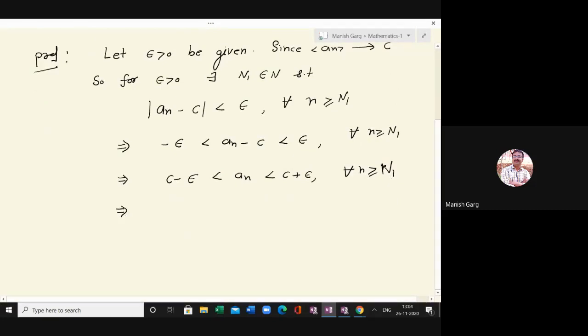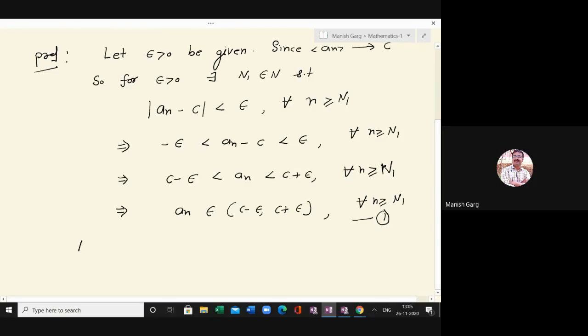Or in terms of intervals, an lies in (c minus epsilon, c plus epsilon) for all n greater than n1. Suppose this is equation 1.